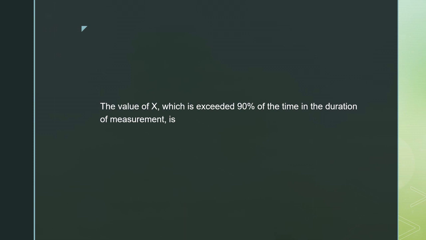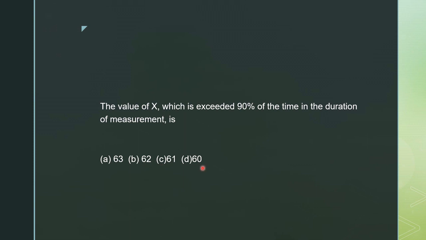The next question is the value of which is exceeded 90% of the time in the duration of measurement. And the options are option A 63, option B 62, option C 61, option D 60.